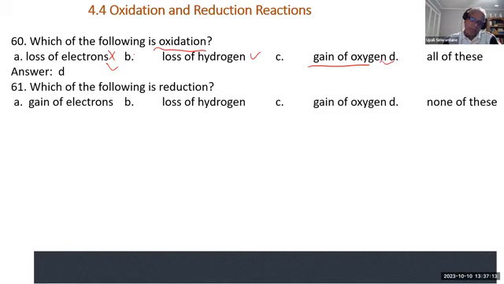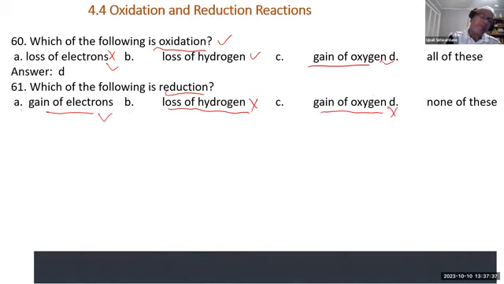Reduction is the opposite of what is in here. Gain of electrons. Loss of hydrogen, that's not true, that's oxidation. Gain of electron is reduction. Gain of oxygen is not true.